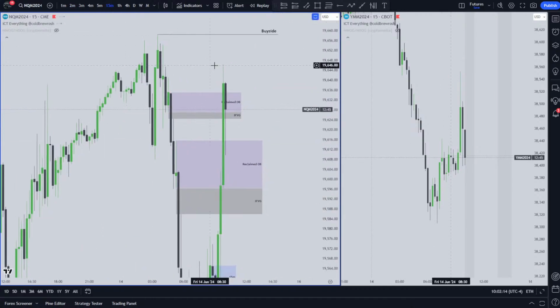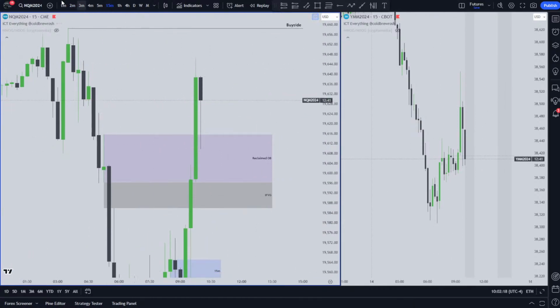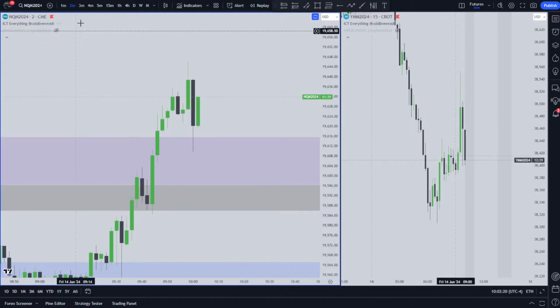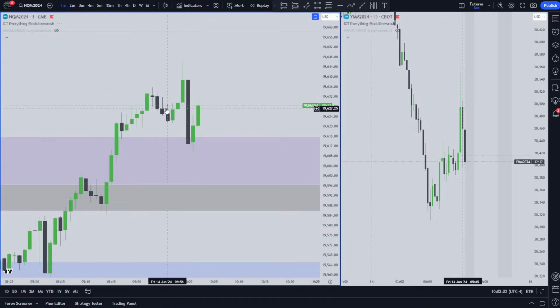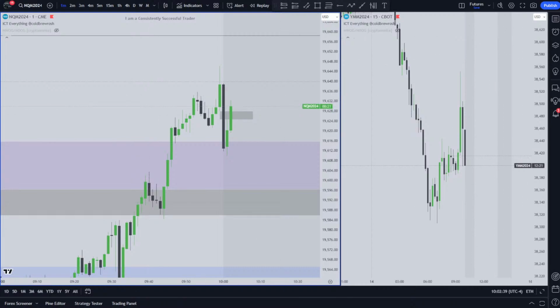I'm going to get rid of a few of these, just to keep it clean. What did we have? This sweep for me is not good enough, because even though it was news manipulation at 10, I mean, it's possible.